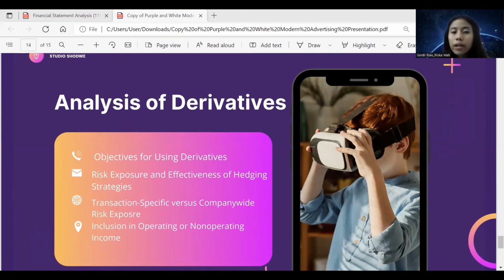In identifying a company's objectives for use of derivatives is important, because the risk associated with derivatives is much higher for speculation than for hedging. In the case of hedging, risk does not arise through strategic choice.